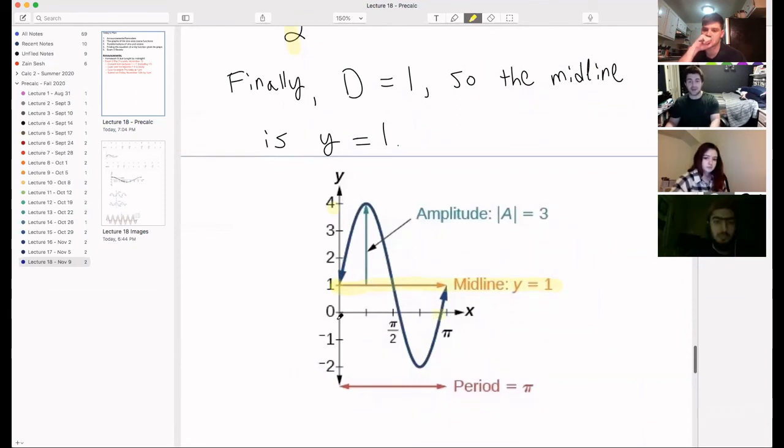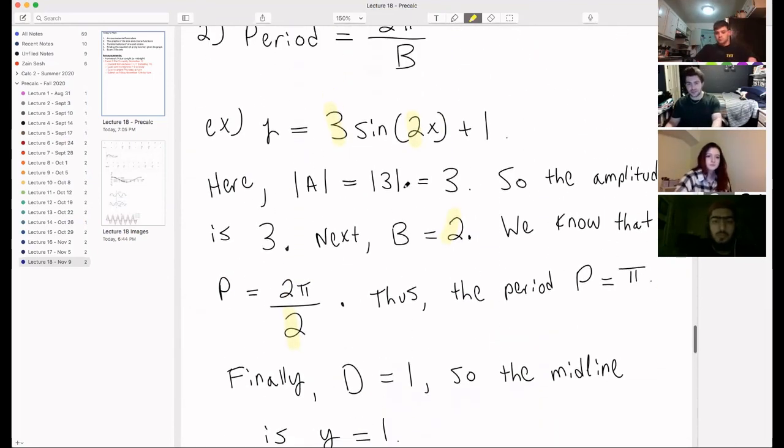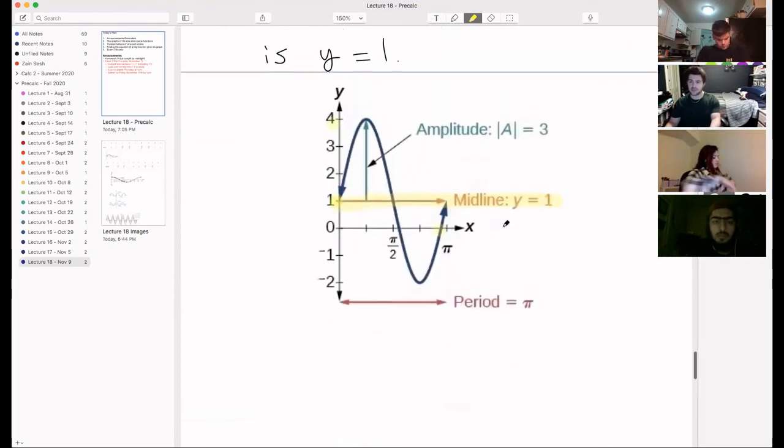So the period is pi. Another way to interpret period is how long it takes for the graph to complete one cycle. I forgot to say that earlier. So that's all of the information we discovered, now on the graph.